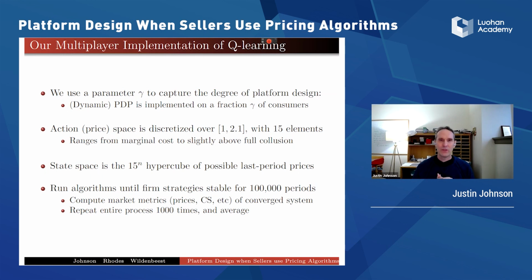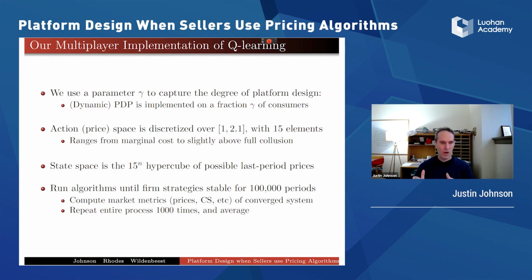And the only thing I'm going to do that's a little bit different from the theory model, and you can actually forget more or less everything I told you earlier and just focus on this one parameter, gamma. This is the main parameter that I'm going to change for the rest of the talk. And gamma is going to be the intensity with which the platform implements these demand steering policies. So if gamma is equal to 0, there's no policies whatsoever. There's no demand steering whatsoever.